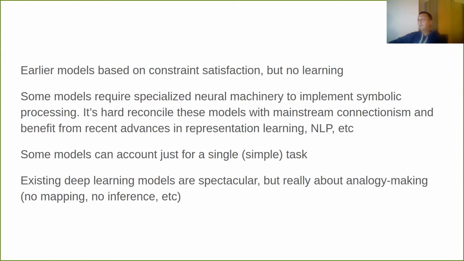So if, for example, you take LISA and you want to connect it to some other existing connectionist models, for example, some object recognition models or some other models for processing language, and we know that nowadays we have various models which are really successful in these domains, it's not possible to put them together.